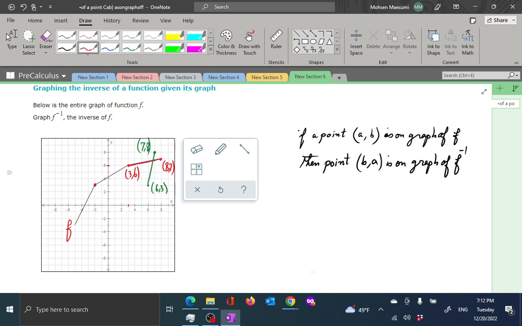We go to the next point. Here I have minus 2 and 3. I flip that, so I'll have the point with coordinates 3 and minus 2.